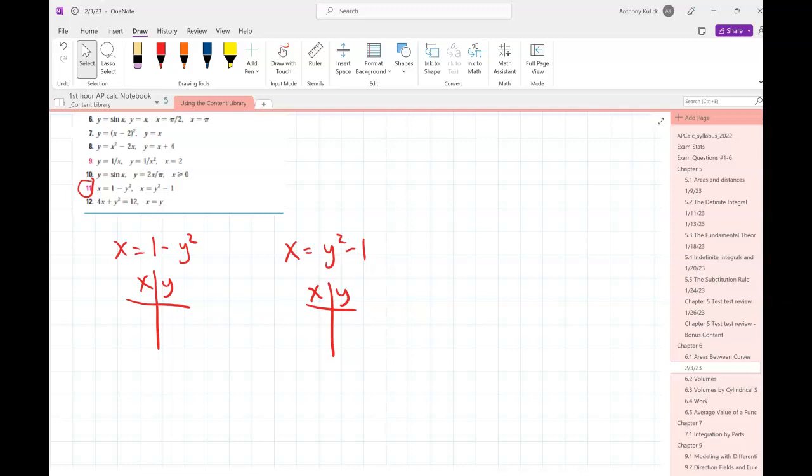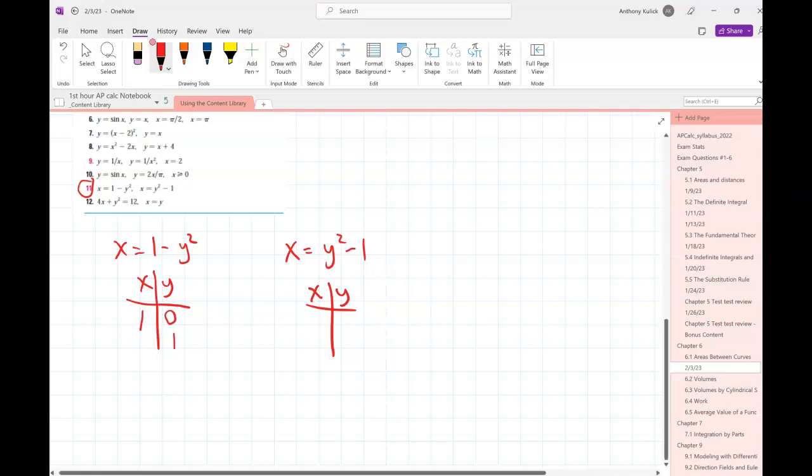Yeah, they're going to be sideways parabolas, correct? Good. So if I pick the first one, if I pick a value for y, say 0, then my value for x would be 1. If I pick the value for y to be 1, my value for x would be 0. If I pick y to be -1, my value for x would also be 0. That's enough for me to get a picture.